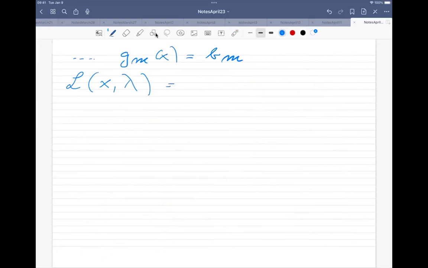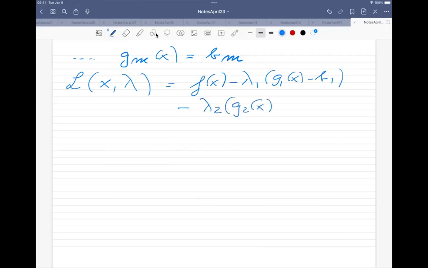So this would then in general be given by the function f of x. And then we have minus, and then there will be a Lagrangian multiplier for the first function, g1 of x minus b1. We would have minus lambda 2 of g2 of x minus b2. And then depending on how many variables we have, we could end up with a minus lambda of m of g of m of x minus b of m here.